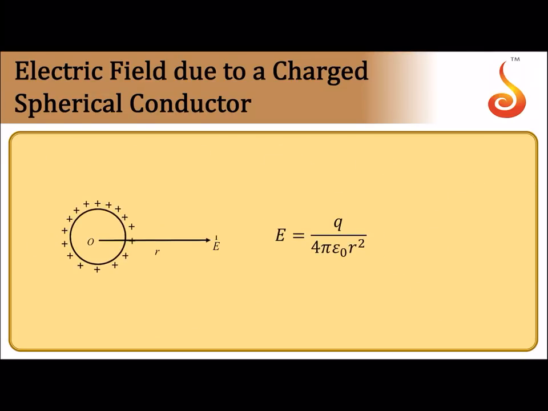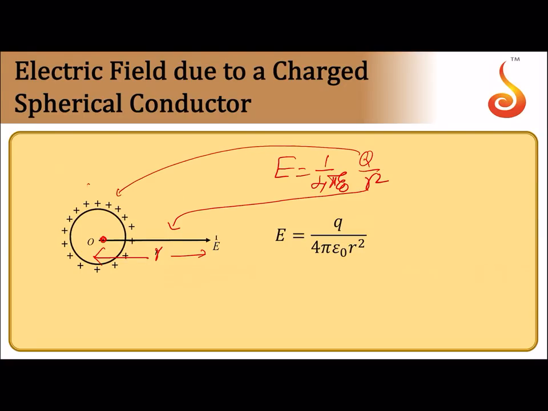So here is the summary of that one. At a distance r, remember the distances are always measured from the center. That's an important thing to be kept in mind. The electric field is given by 1 over 4 pi epsilon naught Q divided by r square, where r is the radial distance and Q is the charge present on the spherical conductor.